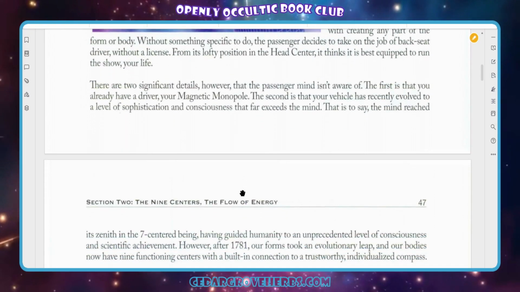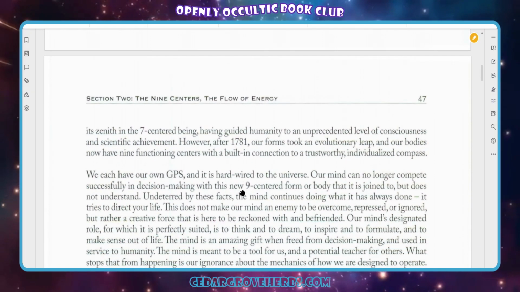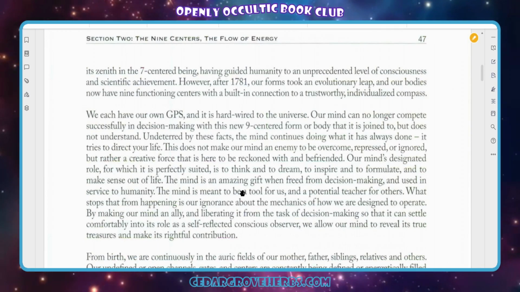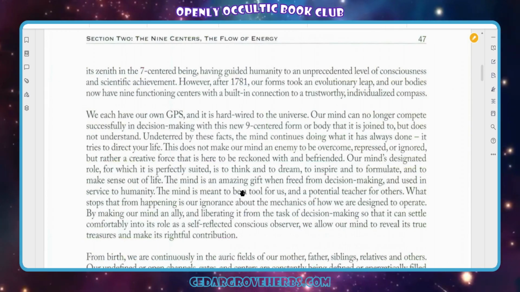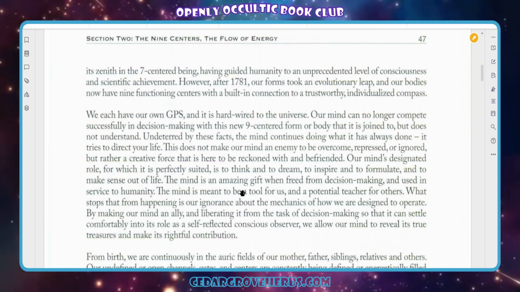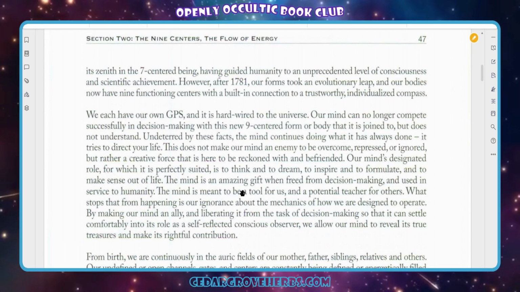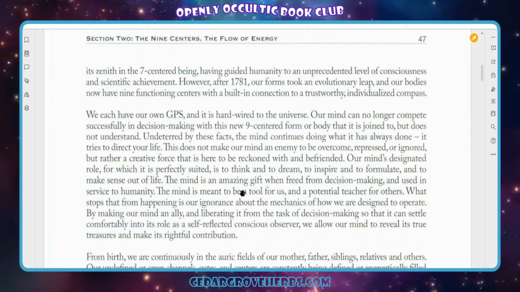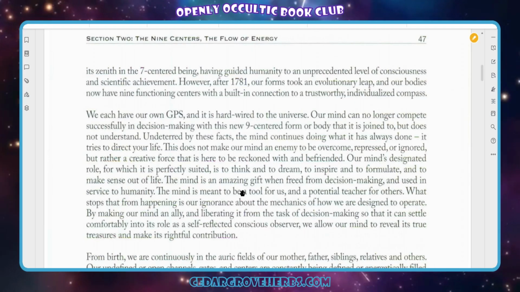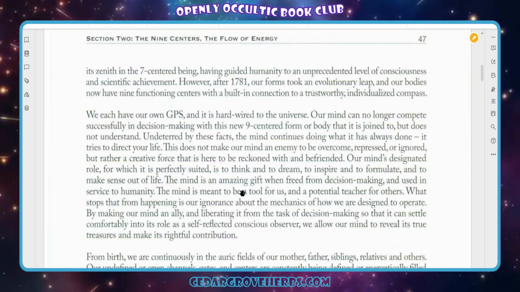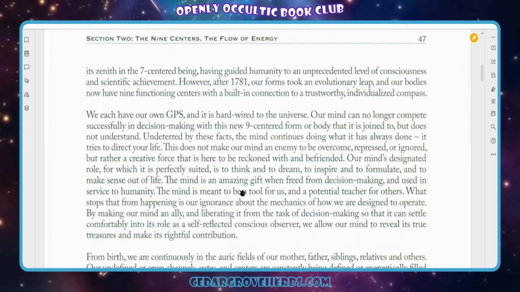That is to say, the mind reached its zenith in the seven centered being, having guided humanity to an unprecedented level of consciousness and scientific achievement. However, after 1781, our forms took an evolutionary leap, and our bodies now have nine functioning centers with a built in connection to a trustworthy, individualized compass.